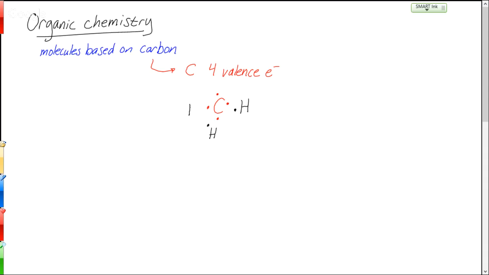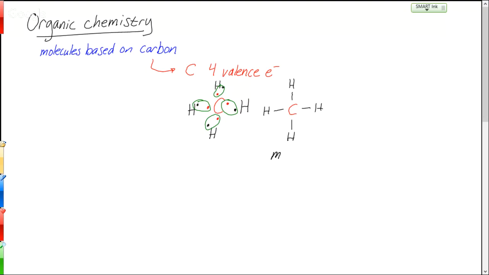If we take hydrogen, which has 1 electron but wants 2, we can have those sharing a bunch of electrons so that the carbon now has 8 total and each hydrogen has 2. And the way that we usually represent that is not with the dots, but with lines. So that's showing 2 electrons being shared between carbon and each hydrogen.